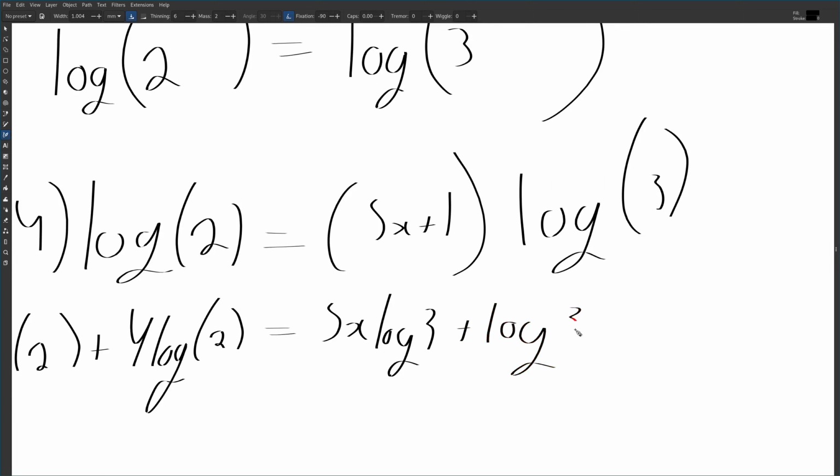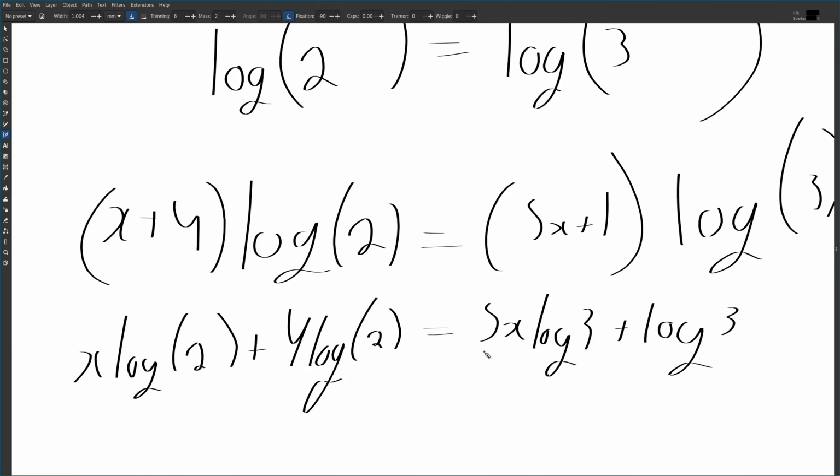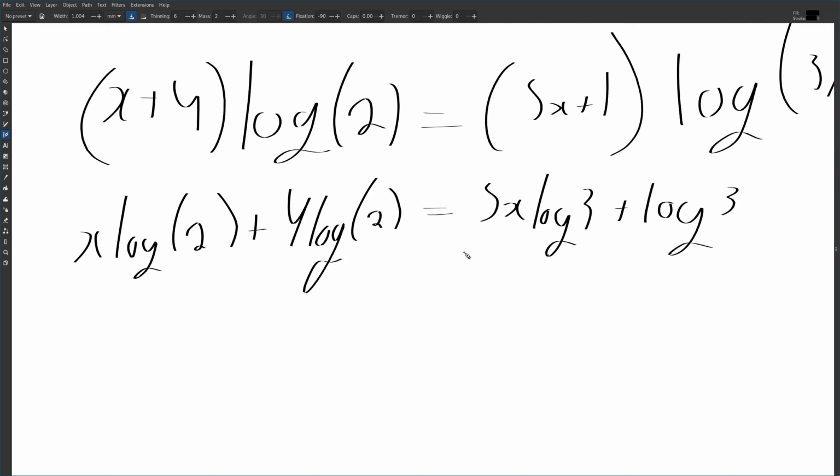Okay, this is where the critical moment comes. In order to solve for x, we need to put all the x's on one side and all the constants on the other side. So we're going to subtract 5x log 3 from both sides and subtract 4 log 2 from both sides.